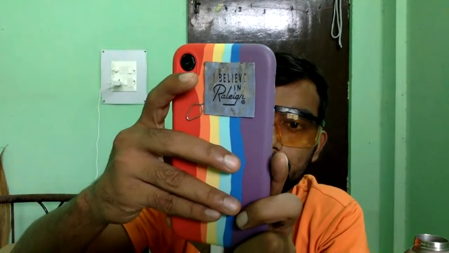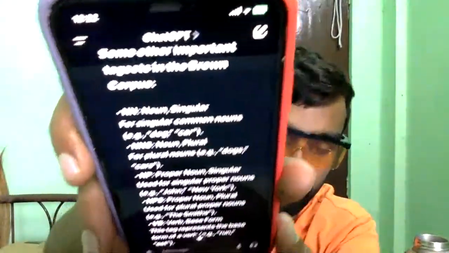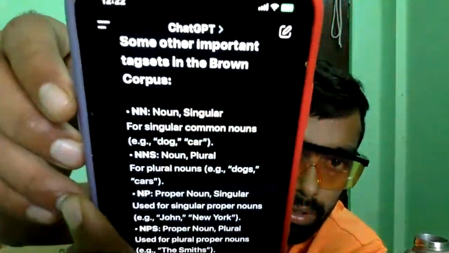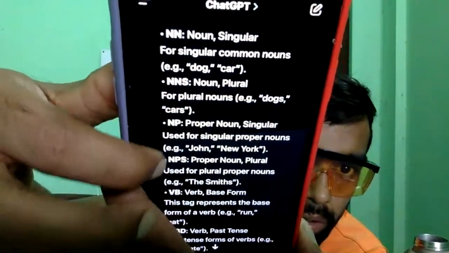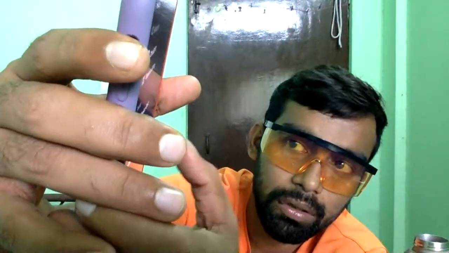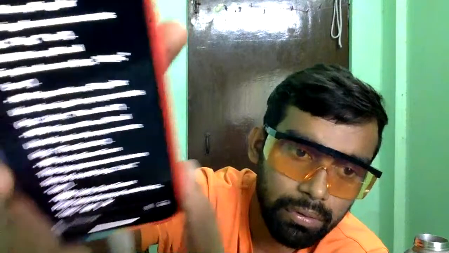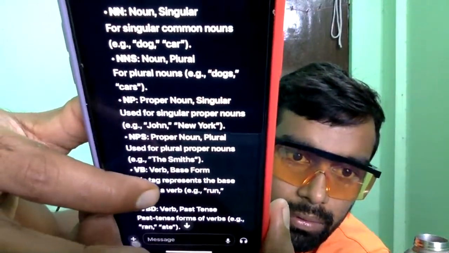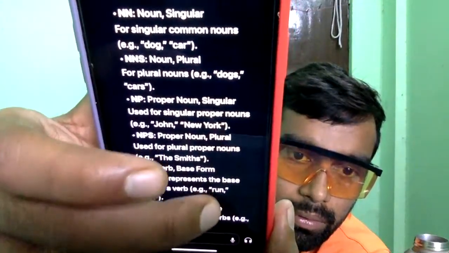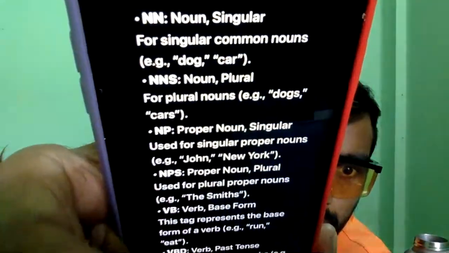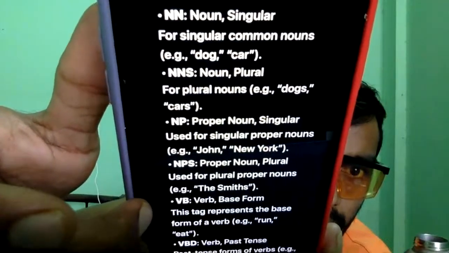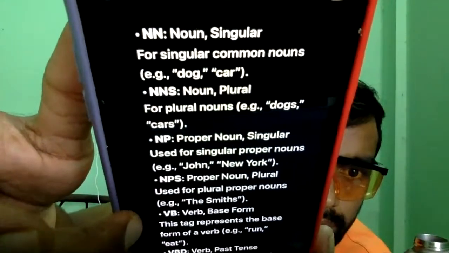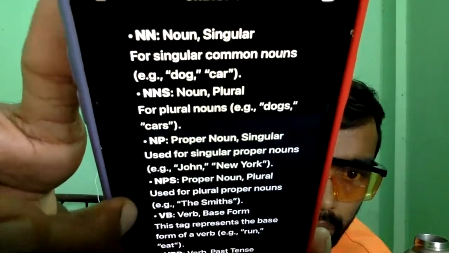NN, noun singular, dog, car. NNS, noun plural, dogs, cars. NP, proper noun singular.